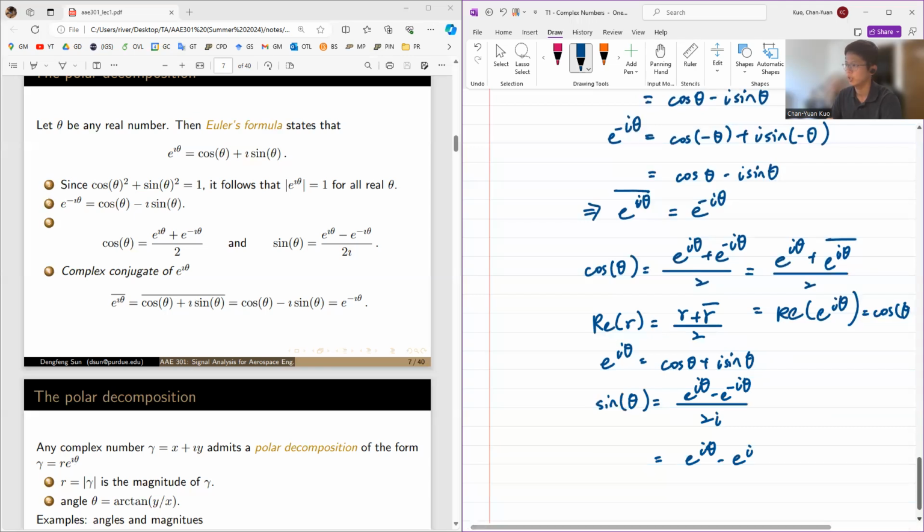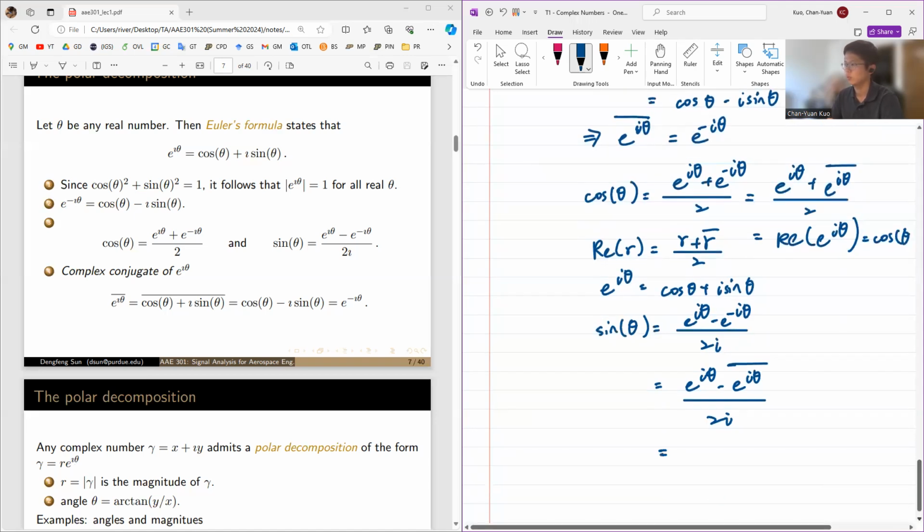Here we have e to the i theta minus its conjugate, divided by 2i. What we're evaluating is basically the imaginary part of e to the i theta, and that is essentially just sine theta.